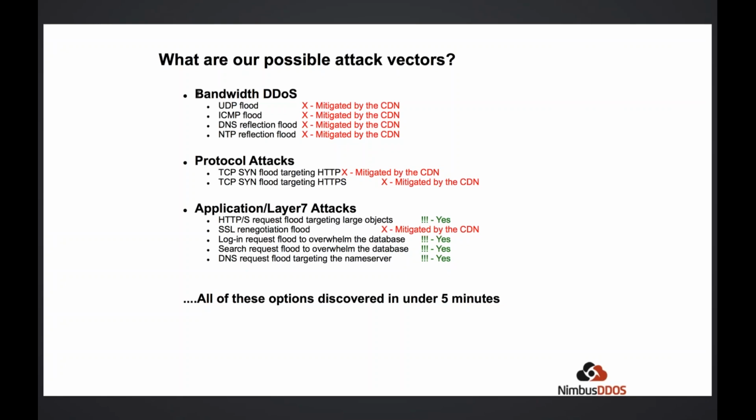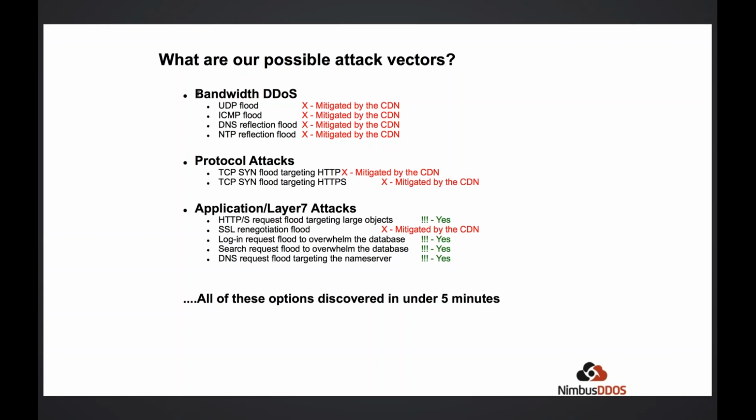Now, if a bandwidth DDoS isn't effective, then an attacker will typically switch to a protocol attack like a SYN flood. A SYN flood, for those not familiar with them, is basically a large volume of the initial packets used for creating a network connection, and it taxes network equipment such as the firewalls and the routers.